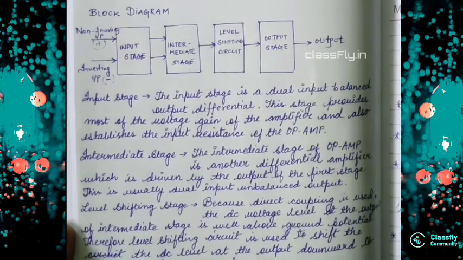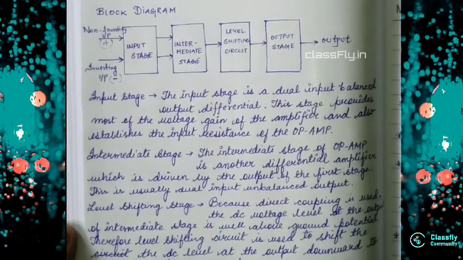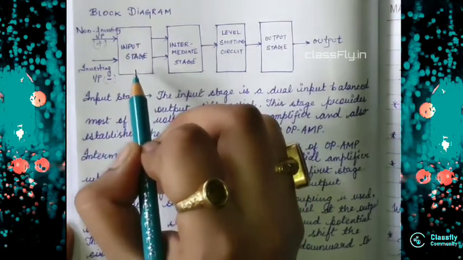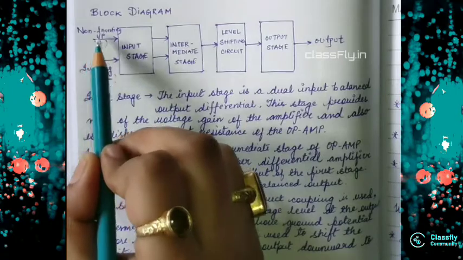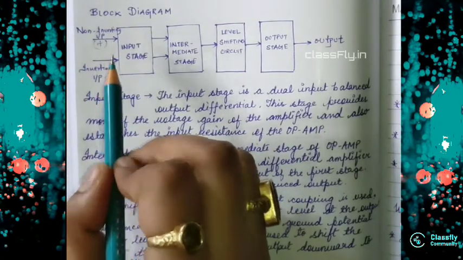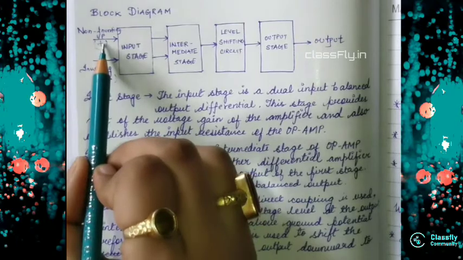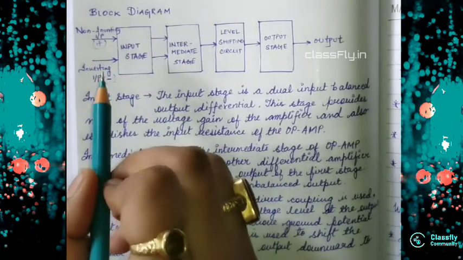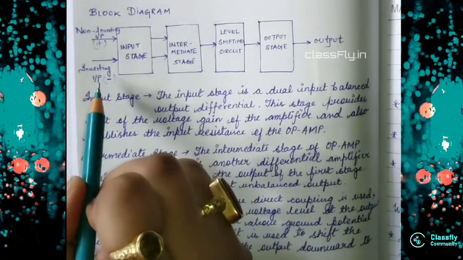Let's begin with the first block diagram stage, that is the input stage. In this stage it will have dual input, meaning two inputs: one positive input, that is the non-inverting input, and one inverting input, that is the negative input.